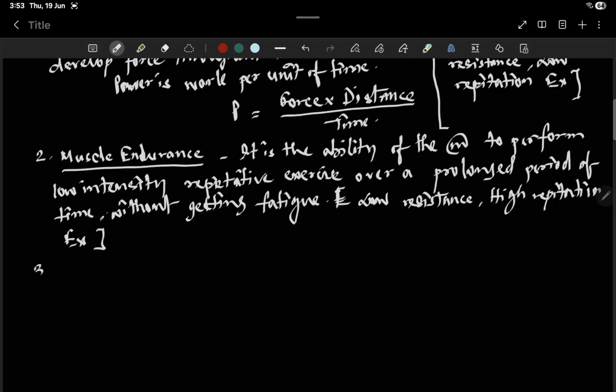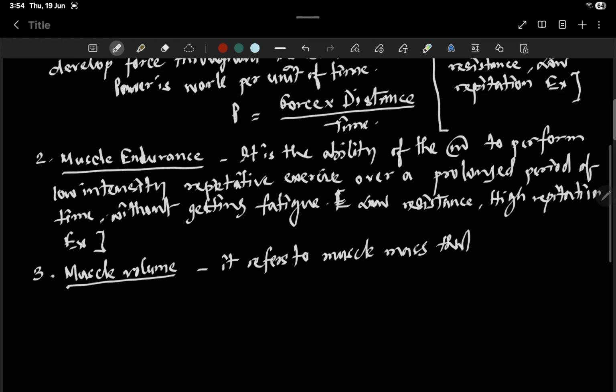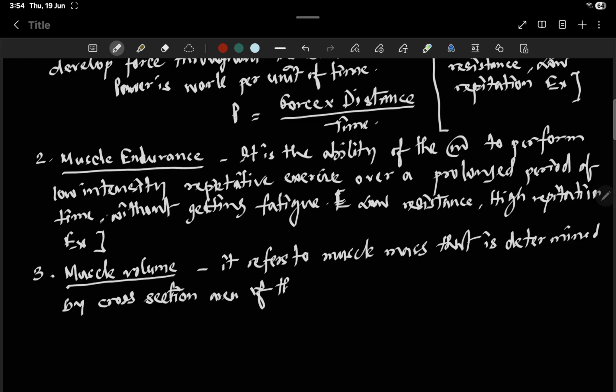Number 3, muscle volume. It refers to muscle mass that is determined by the cross-sectional area of the muscle.